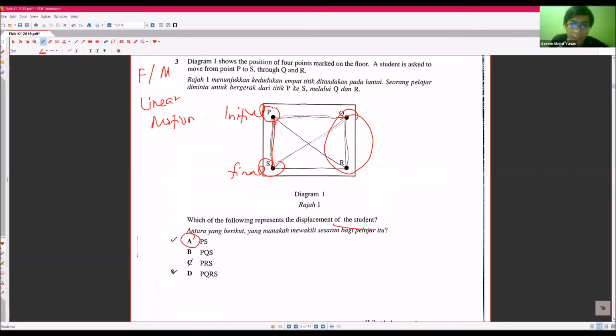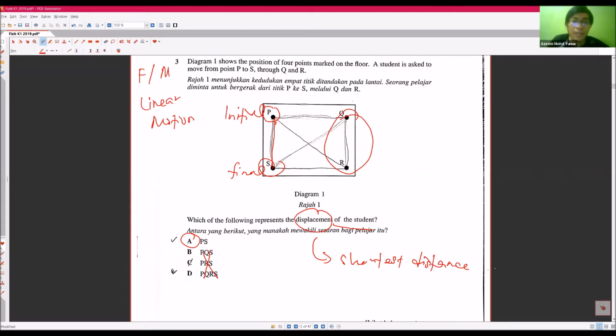It cannot be PQS, PQS is quite long. PRS also has about the same distance as PQS, and PQRS is the longest one. So all of these are wrong. It must be the shortest distance. So that is the displacement, the shortest distance.